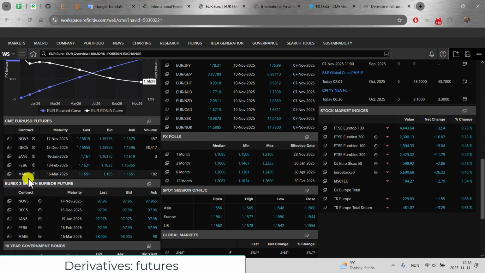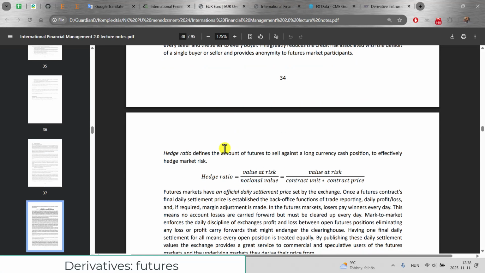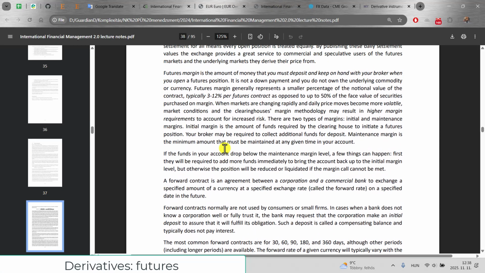The key problem with this fixing is that it requires margin. So we cannot just make up futures or forward contracts, unfortunately, because there is this margin requirement. And that's why I don't like the futures market, because it is absolutely non-transparent what the size of the futures margin is.